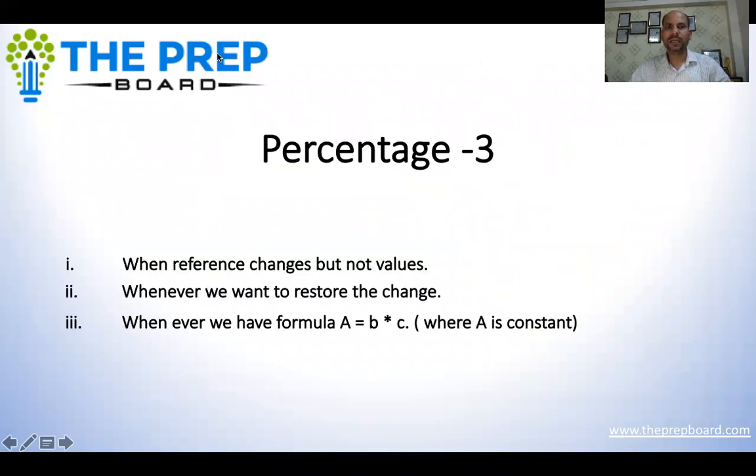Now, the third and the last, and this is a very, very important method. You will use all these three methods in the entire arithmetic, not just in percentage. When you solve questions based on simple interest, compound interest, profit, loss, and discount, even time, speed, distance, these will be very useful. Now, in the previous formula, there were limitations: whenever we have that formula, this part should be constant.